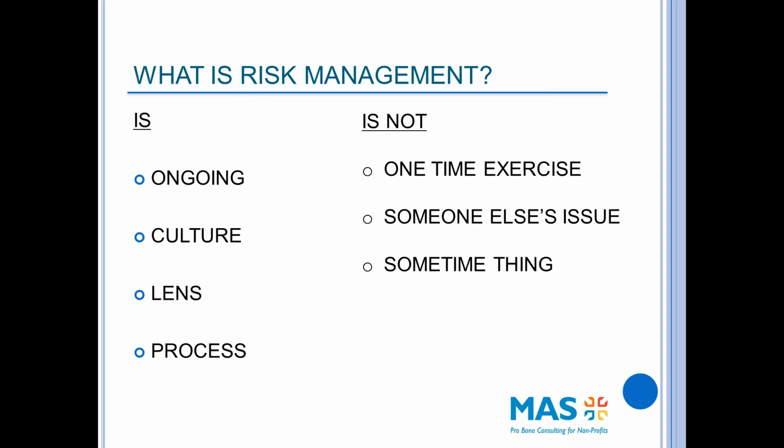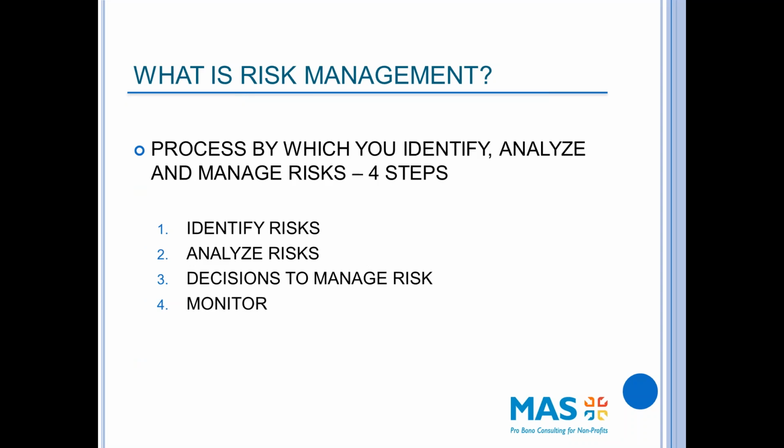So let's talk about what is risk management. So risk management is an intentional, systematic process to manage risks, and there are really 4 steps. You need to identify the risks, you need to analyze the risk, you need to make some decisions about the risk, and then you need to monitor the risk. And when you think about it, those are kind of a generic 4 steps.